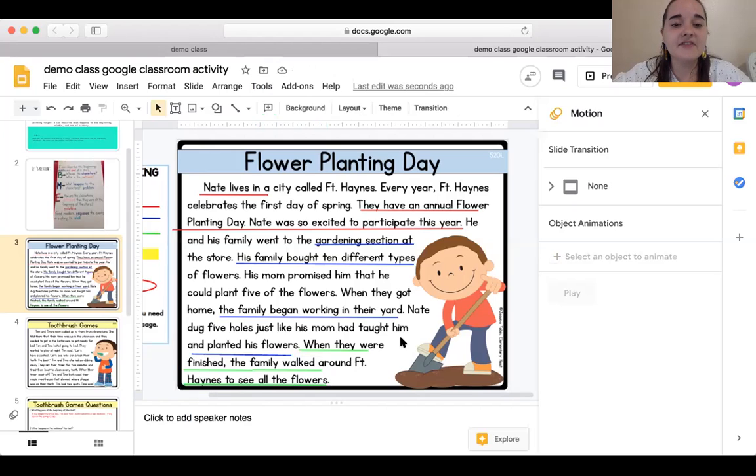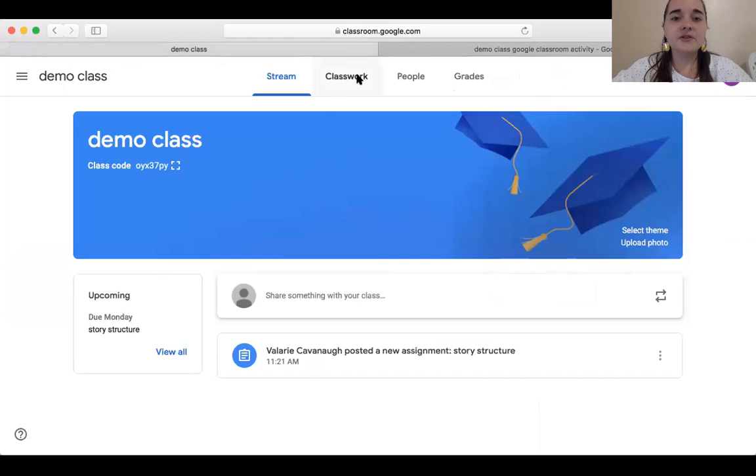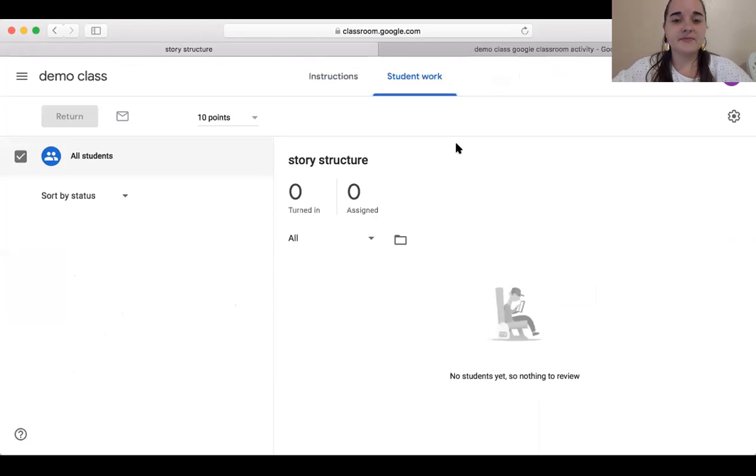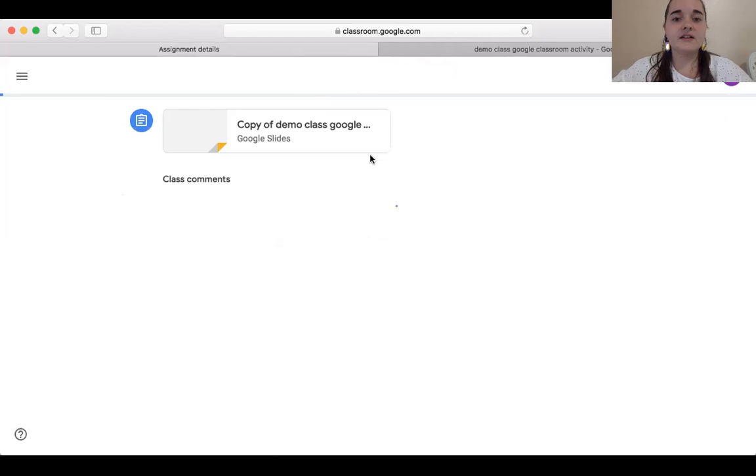What I'm going to have you do as we're working together on the next one is you get to use these tools as well. So please make sure you're looking at my screen. We are going to go to Google Classroom. You're going to click on Story Structure. And your screen is going to look like mine.